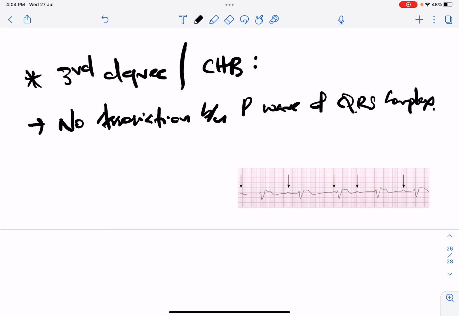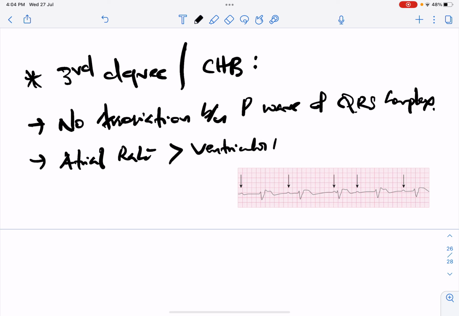So the atrial rate will be more than the ventricular rate, as the atrium can generate at a faster rate. And again, the ventricle has its own rhythm, because the ventricular rhythm is originating from the ventricle.